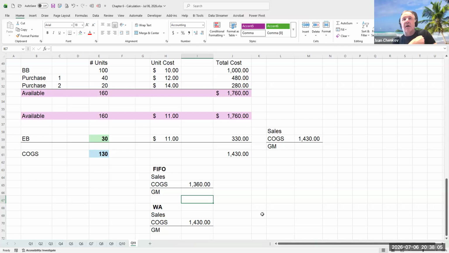Expensive inventory. With the weighted average, the balance is weighted. So we have in our cost of goods sold some of the highest price and the lowest price, but the average is $11. Which one do you prefer, first in, first out, or weighted average? If you have to choose as a manager.